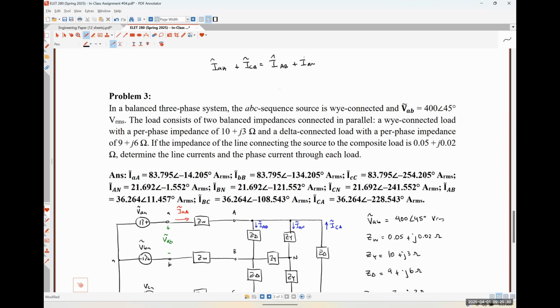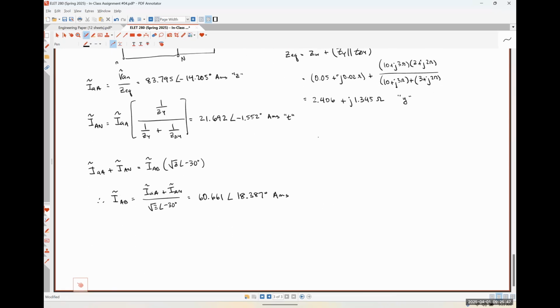And IAN is flowing out. Okay, so realistically, I would get IAA minus IAN is equal to IAB minus ICA. So I literally just need to go back and change that sign. My apologies.